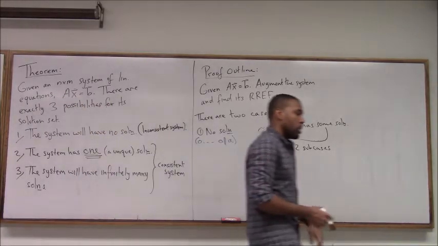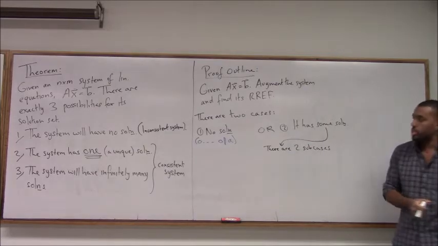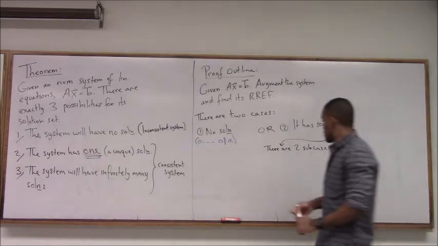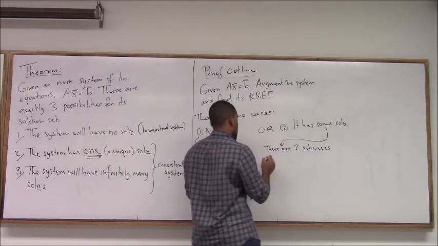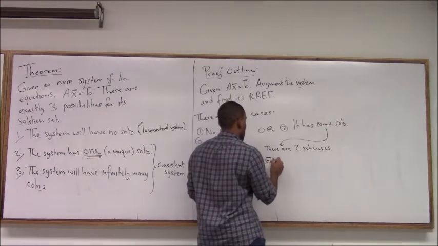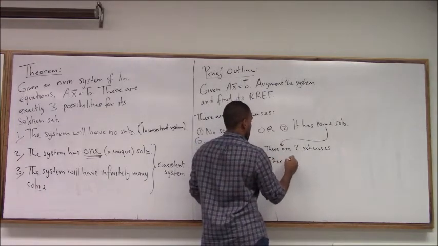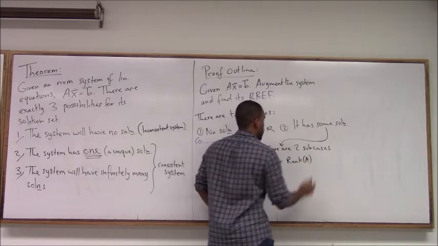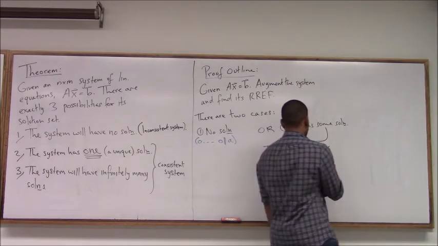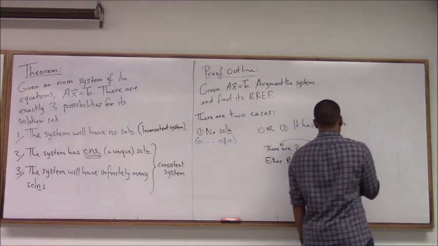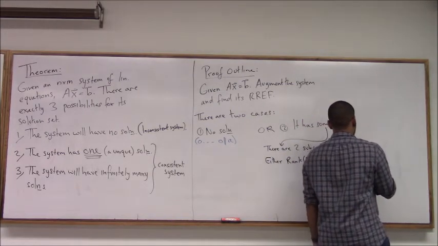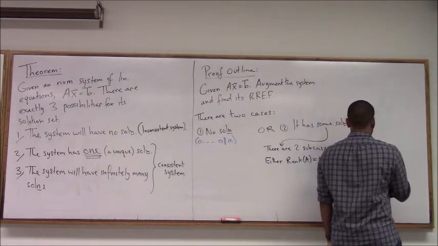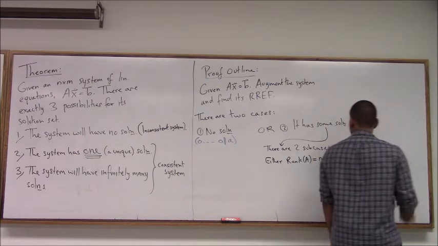So let's prove that we'll either have exactly one solution or we'll have infinitely many. There are two subcases. Either the rank of our coefficient matrix will be equal to m, or the rank of the coefficient matrix will be less than m.